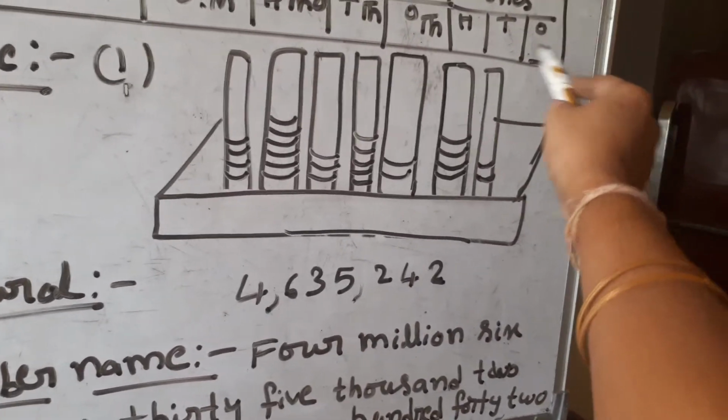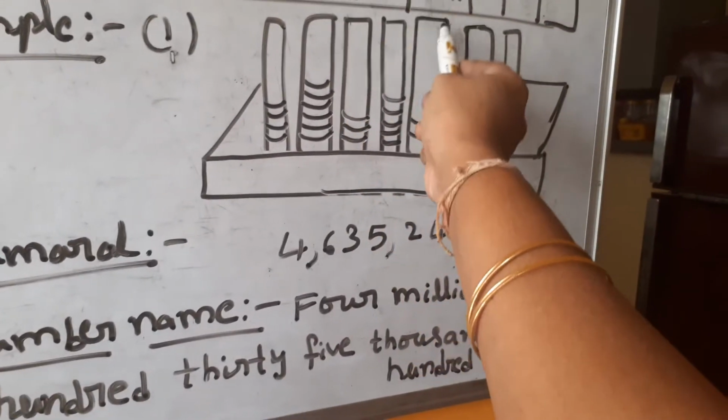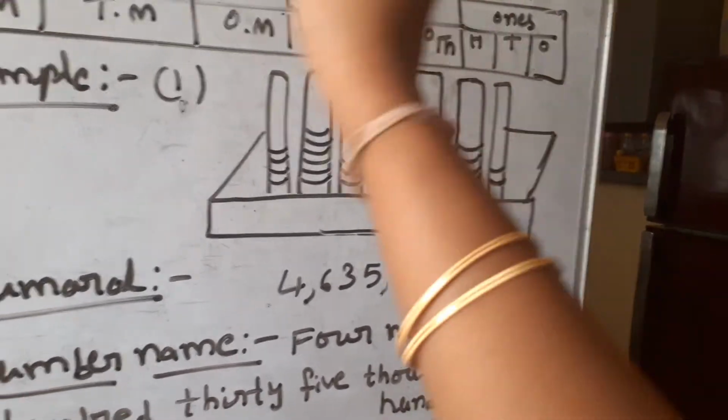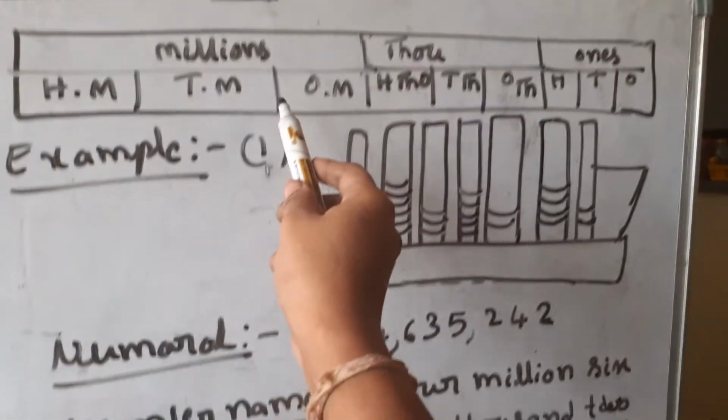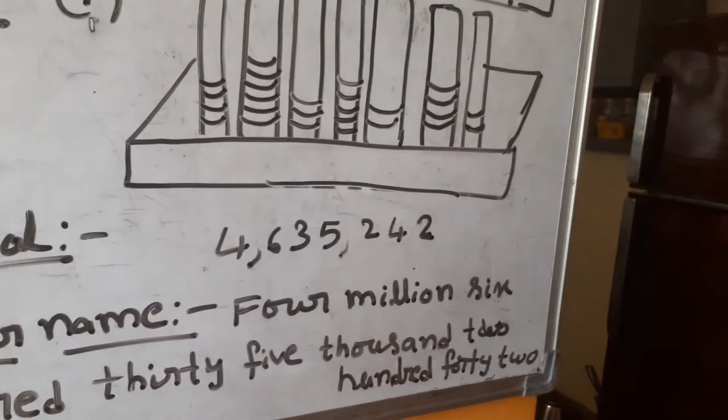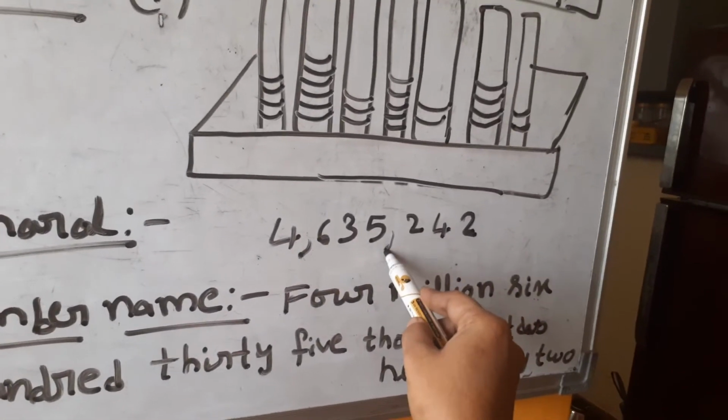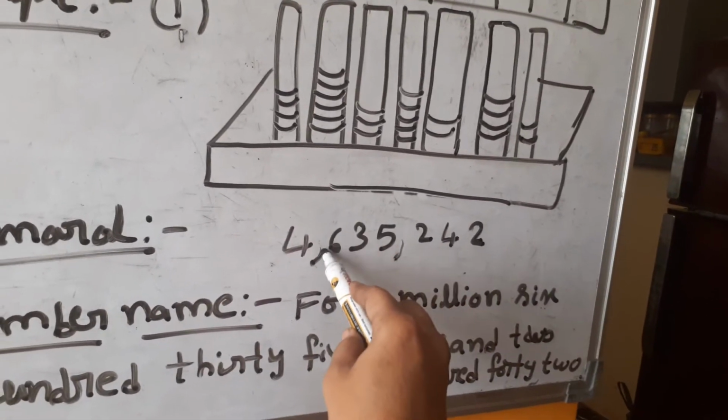Why? Because the ones place consists of 3 digits, the thousands place also consists of 3 digits, and the millions place also consists of 3 digits.